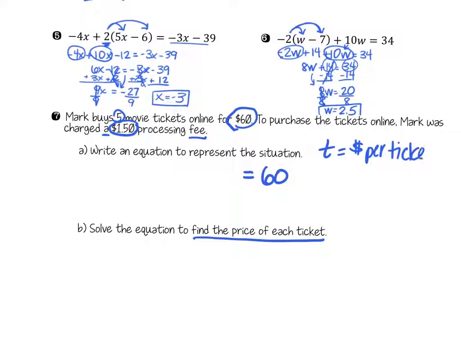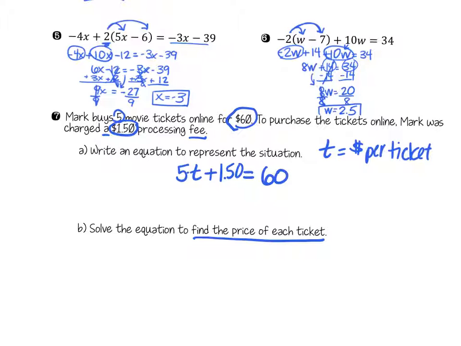So that is the information we don't know. You're always going to be picking a variable to represent whatever number you're still looking for or you don't know. So I can write that as 5T, so that's 5 times the cost of each ticket, plus $1.50, or I could just put 1.5.